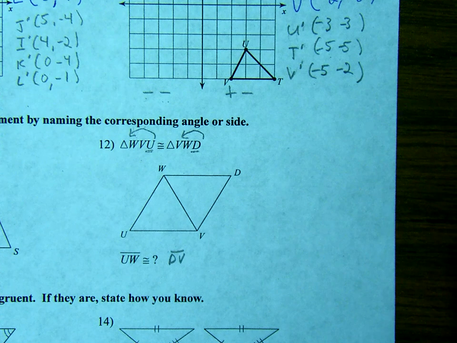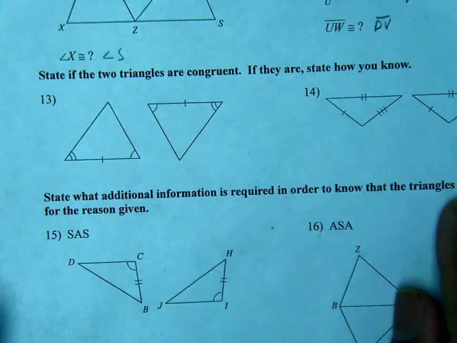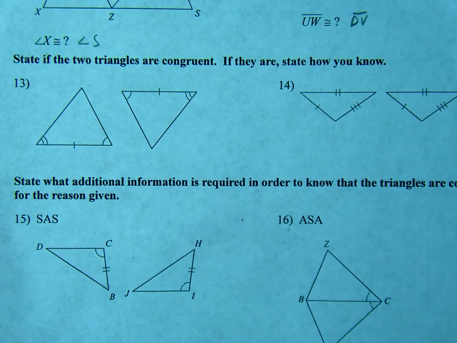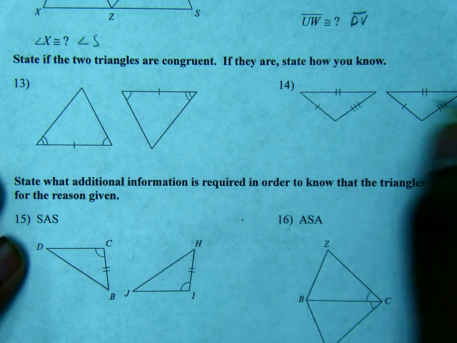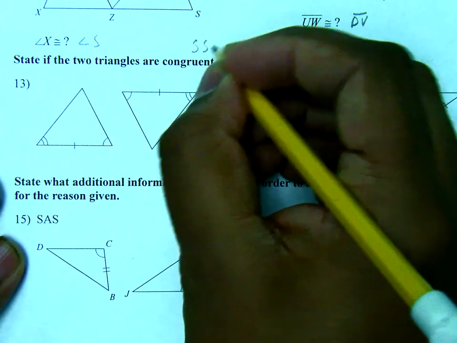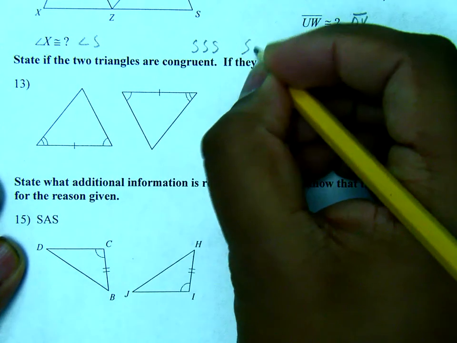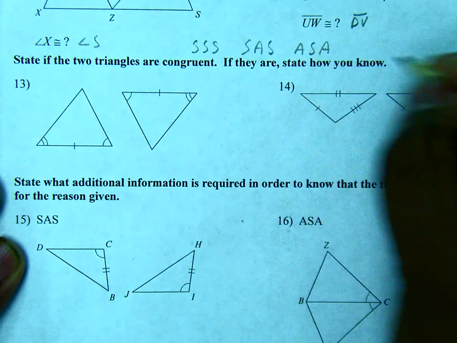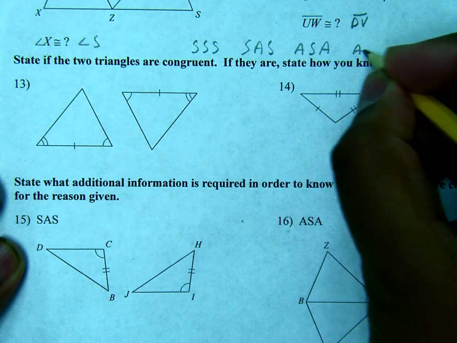Okay, now, next thing we're going to do is talk about ways to prove triangles are congruent, in number 13 and 14. In my class, we talked about 4 different ways: side, side, side; side, angle, side; angle, side, angle; and angle, angle, side.